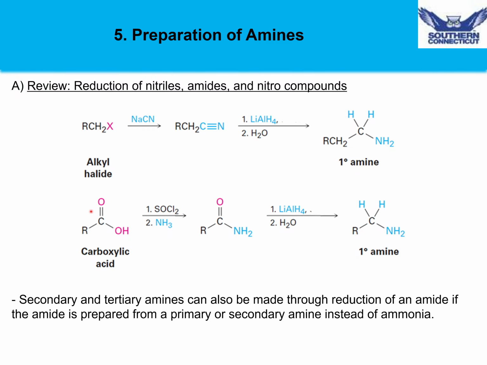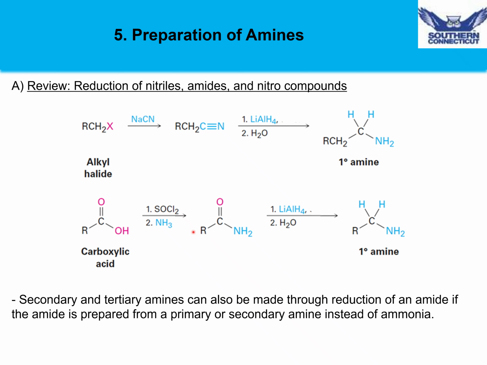Another way to make amines would be starting with a carboxylic acid, adding thionyl chloride to convert the OH into a chloride. And then if we add ammonia or another amine, we can do a substitution reaction to give us an amide. If we use ammonia, we will get an NH2 group on the amide.